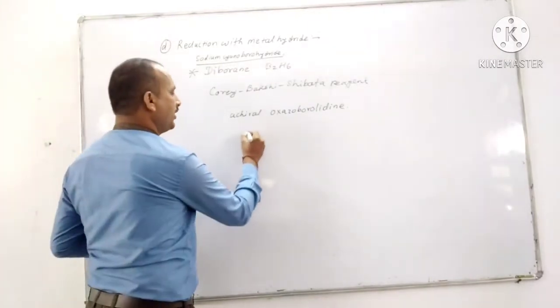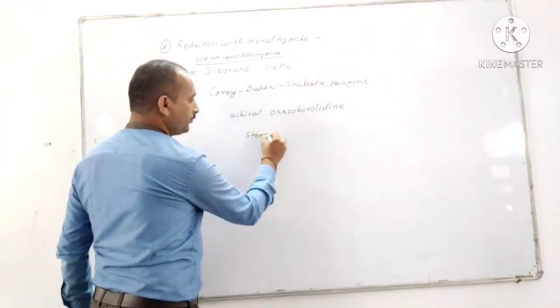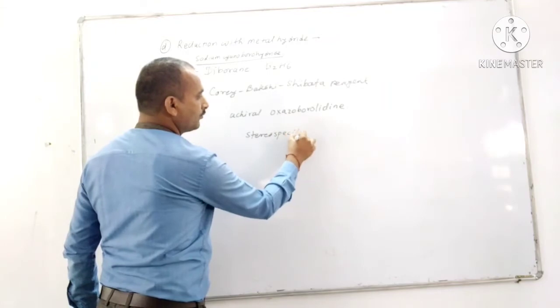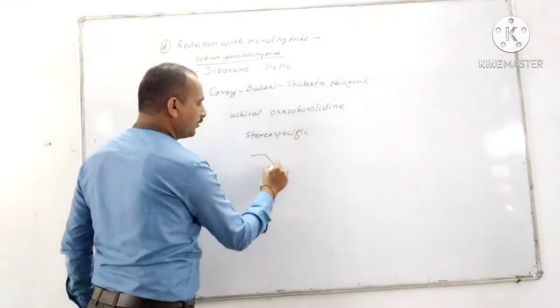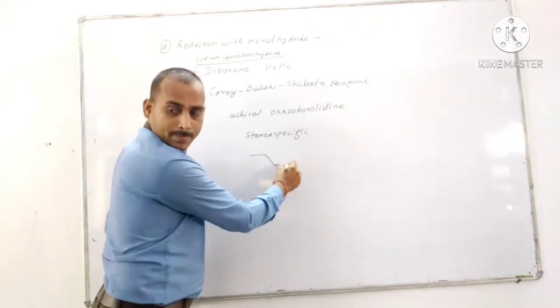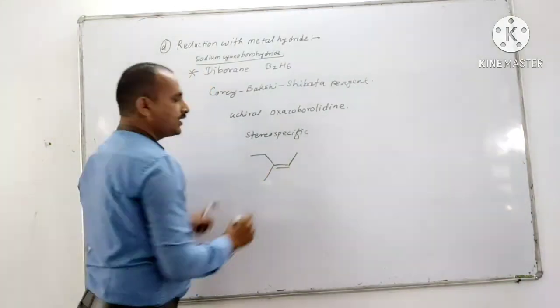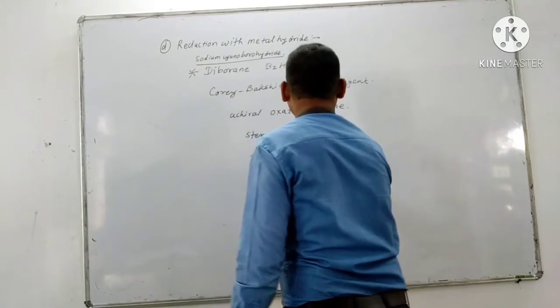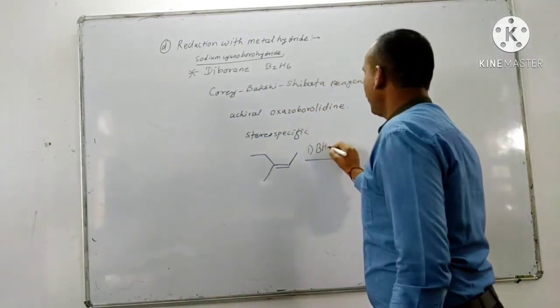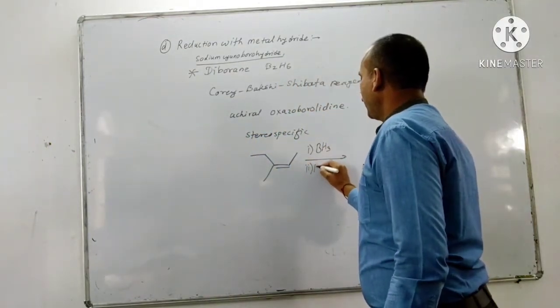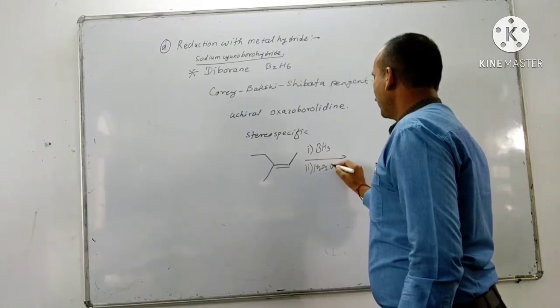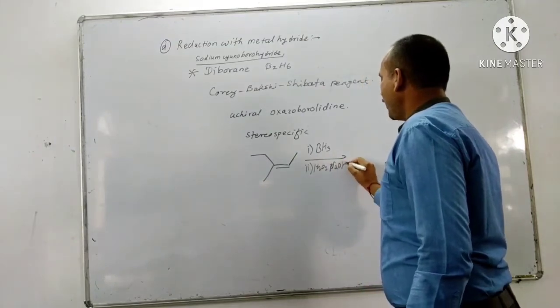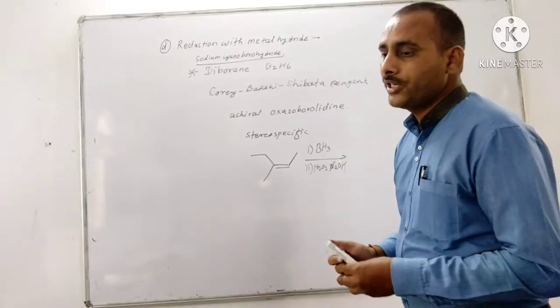Let's see the example. Reaction is stereospecific. Okay, this is the example in which addition of first BH3, hydroboration, followed by H2O2, NaOH. Hydroboration followed by oxidation.